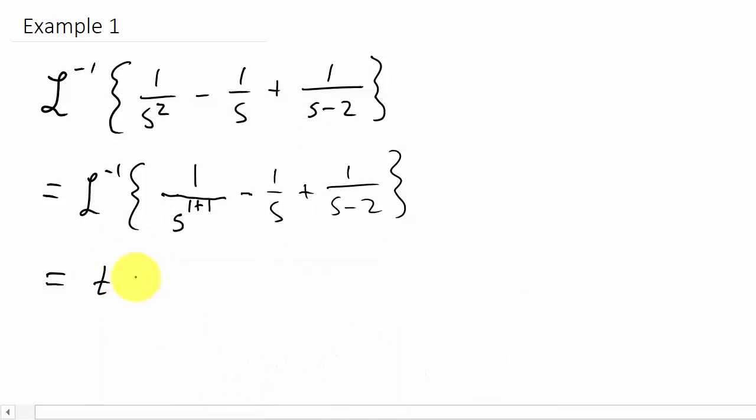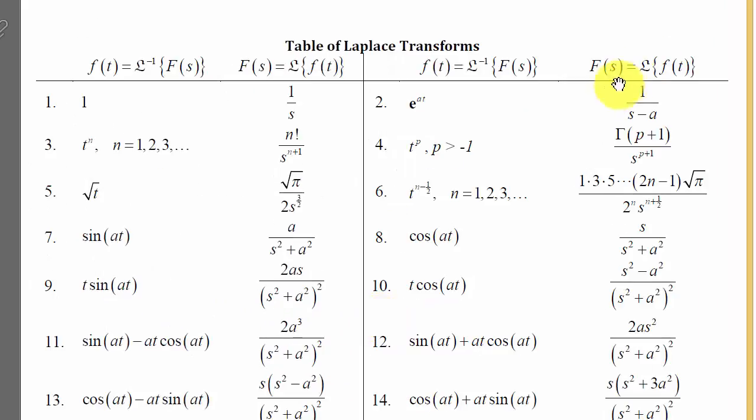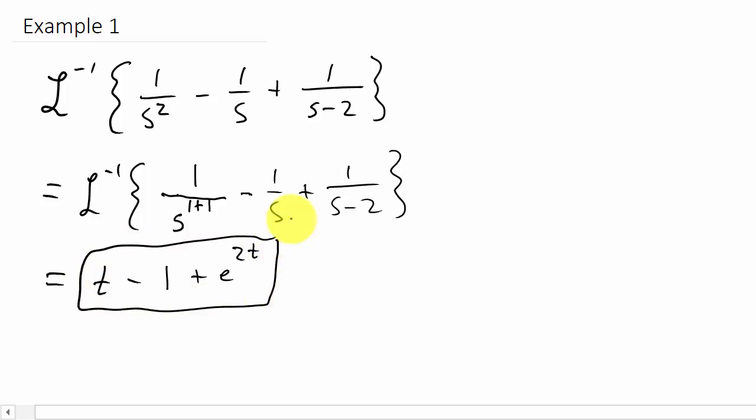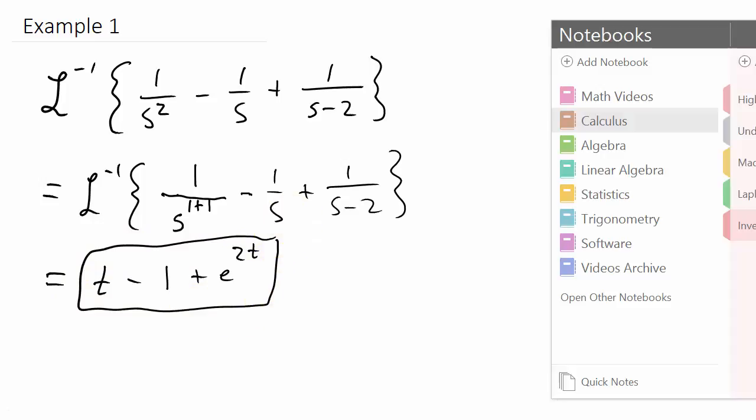So this is t minus, and then remember 1 over s is 1, and then 1 over s minus 2 is this one. a is 2, so that would be plus e to the 2t. And this would be your answer. Alright, let's take a look at another one.